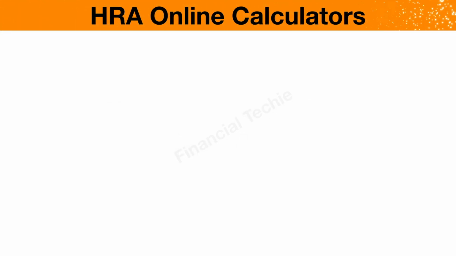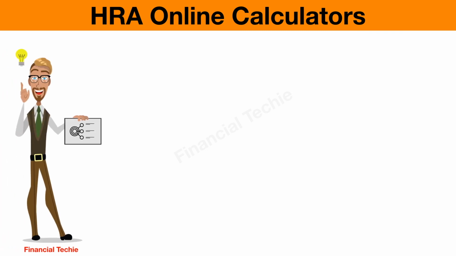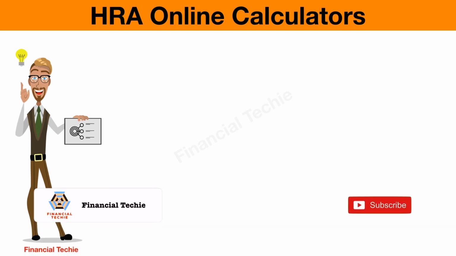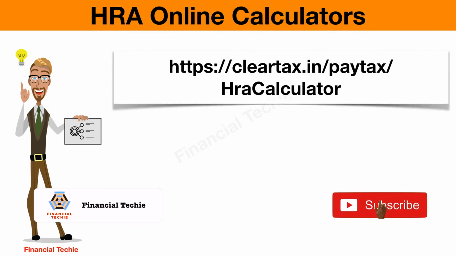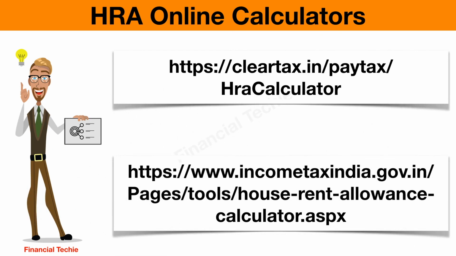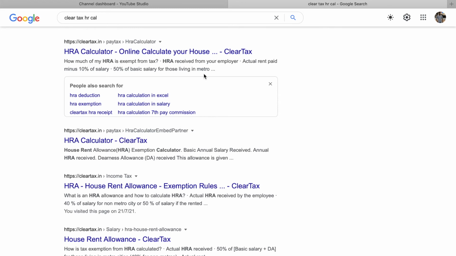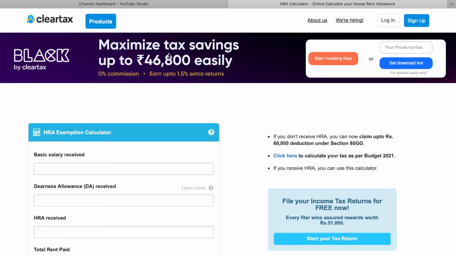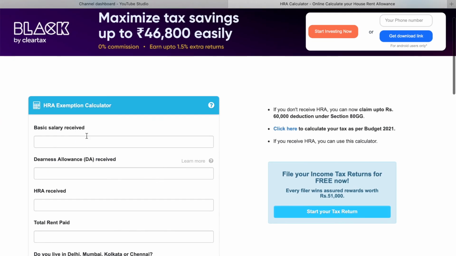In this section, I will show you some of the online HRA calculators that you can use to simply calculate how much exemption you can get using HRA and how much remaining amount will be taxable as per your tax bracket. I have given these links in the description box. When you go to the first link, you will be asked to fill in this information.